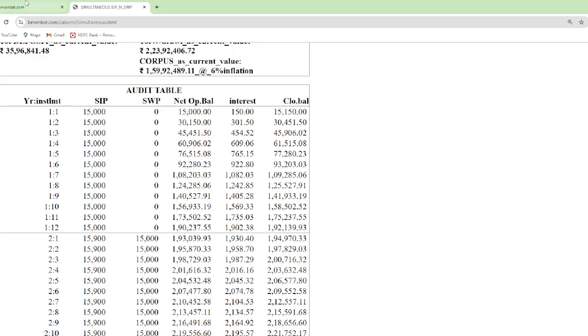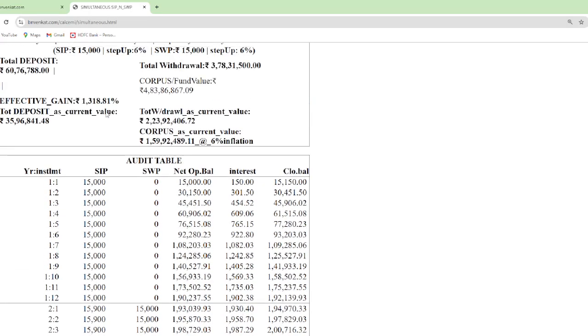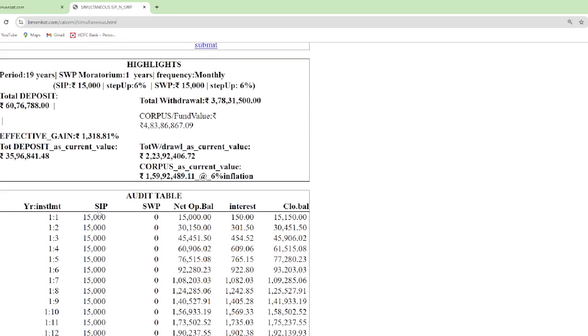One can have a very strong cushion by first starting the installment as a lump sum, first lump sum amount for the same amount of this 15,000 rupees as a lump sum. That is 0 year, 0 month.